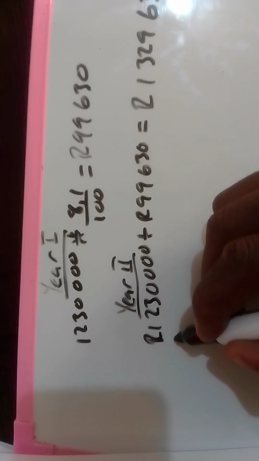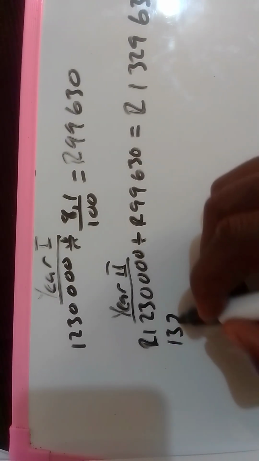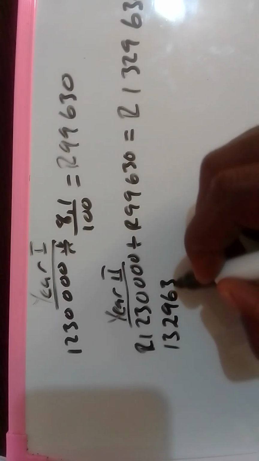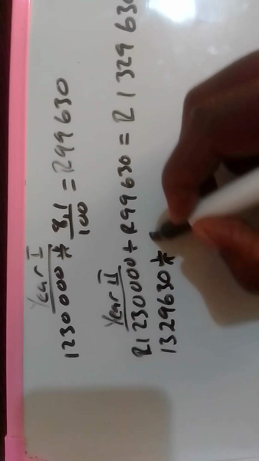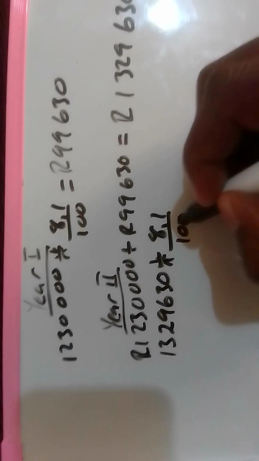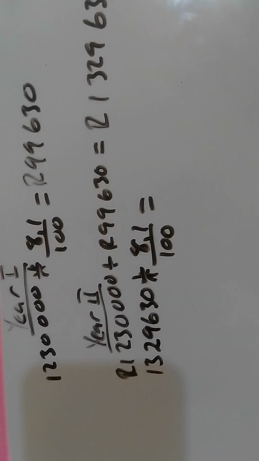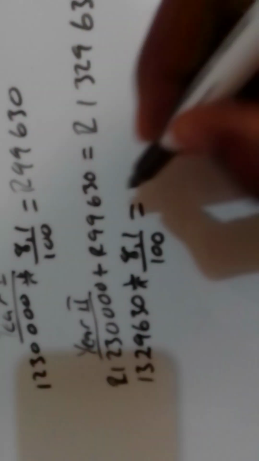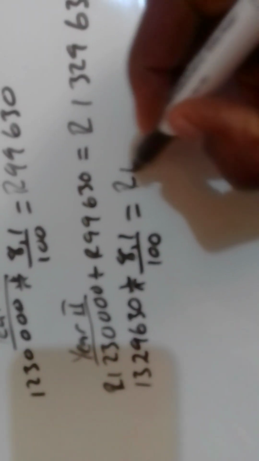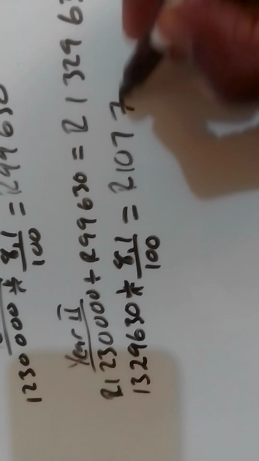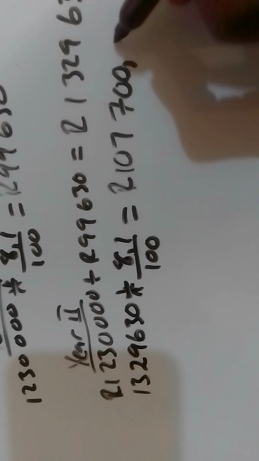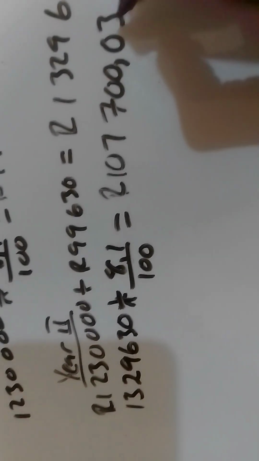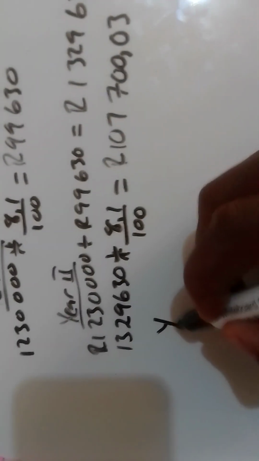Now we calculate the 8,1% on 1,329,630, multiplied by 8,1 over 100, which is equal to, we get that the interest that he makes in year number 2 is 107,700.03, so 3 cents.